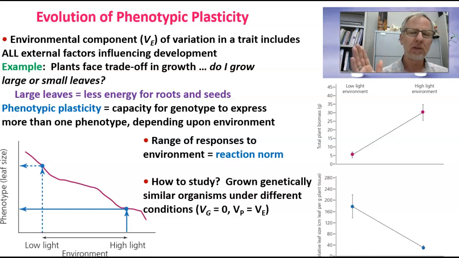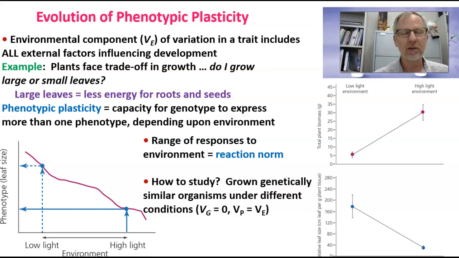Now, there's a range of responses that might occur to the environment, and those range of phenotypic responses are referred to as the reaction norm. So we can figure out the reaction norm by plotting, such as on the figure on the lower left, a range of environmental conditions on the x-axis.